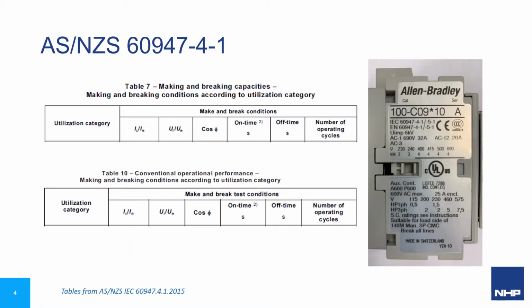Each test for making or breaking is done at 5% above the Ue nominated operating voltage, with the power factor varying depending on the category and Ie rating. The contactors are subjected to a defined number of operating cycles, having rapid cycling with an on time of 50 milliseconds and then off, depending on Ie, from 10 seconds and up to 4 minutes for the largest contactors.